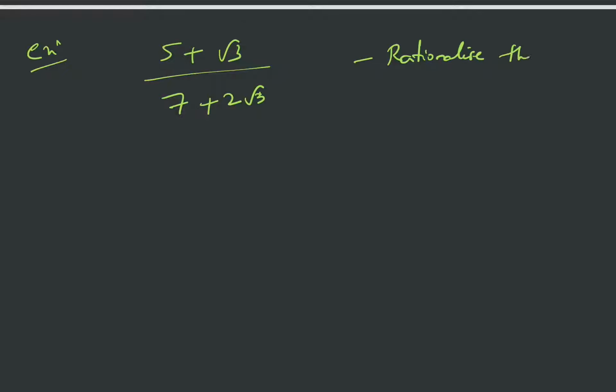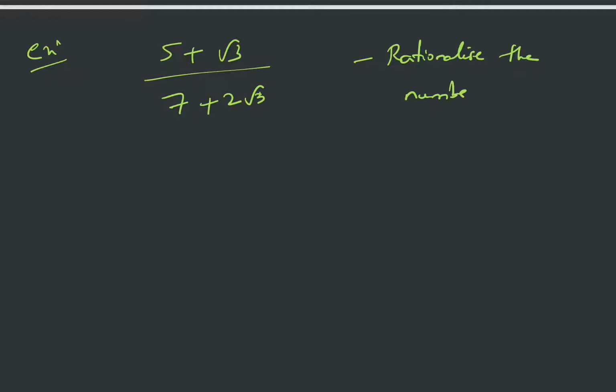So let us look at one more example. Let us take another example, say 5 plus root 3 by 7 plus 2 root 3, right? And I ask you to rationalize the numerator.